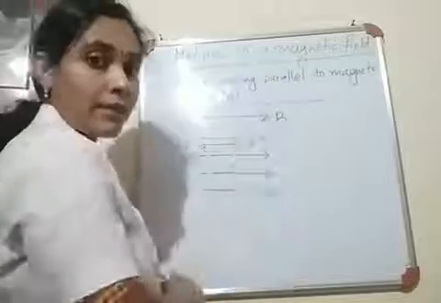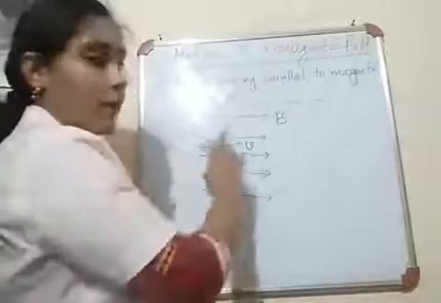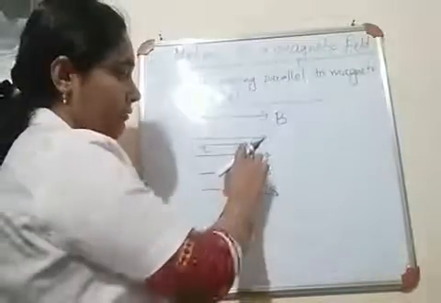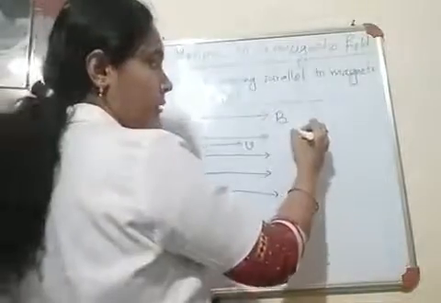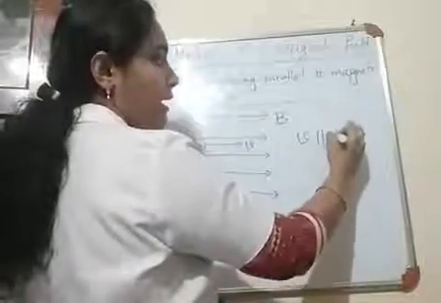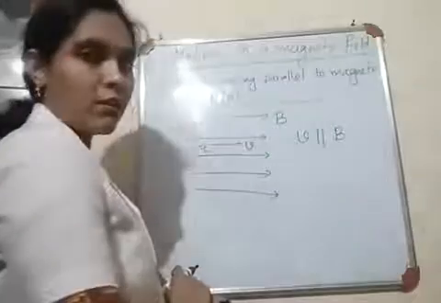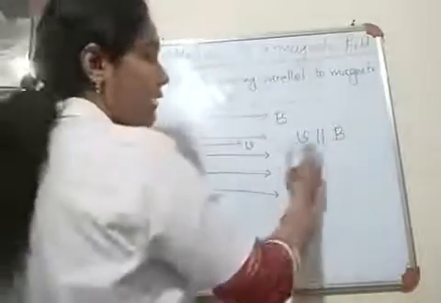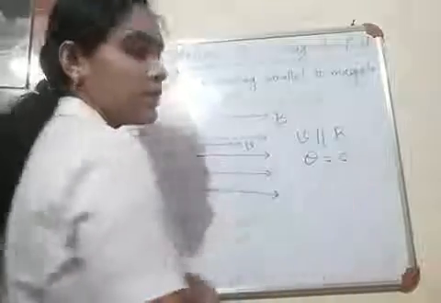Same. So here velocity is acting along this direction. Magnetic field is also acting along the same direction. So what is the angle between velocity V and magnetic field B? Yes, it will be 0 because V is parallel to B. So the angle between them will be 0.